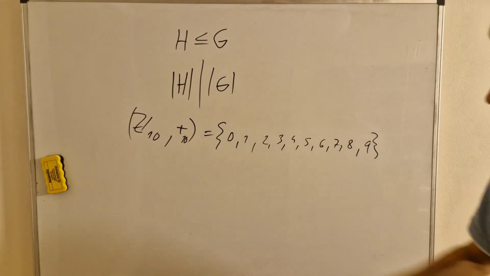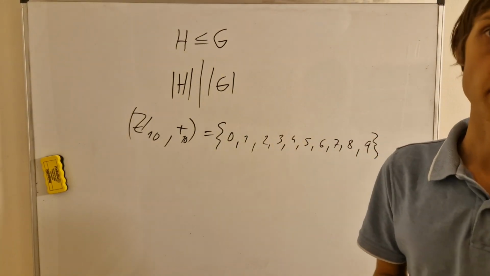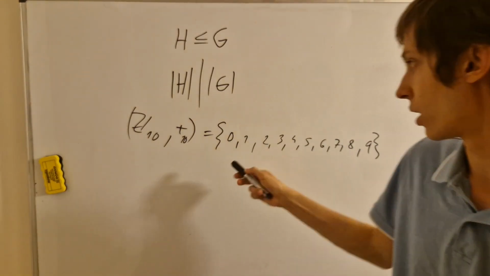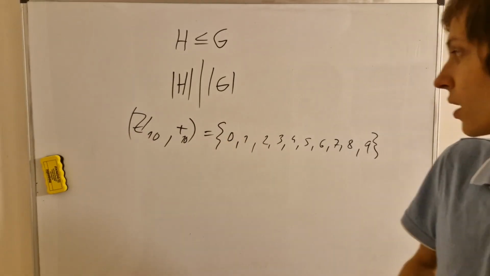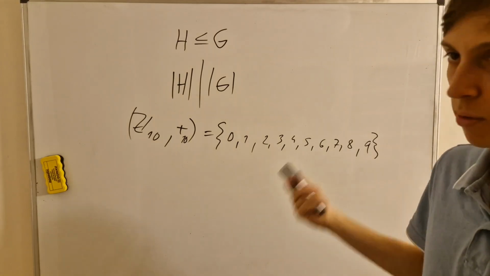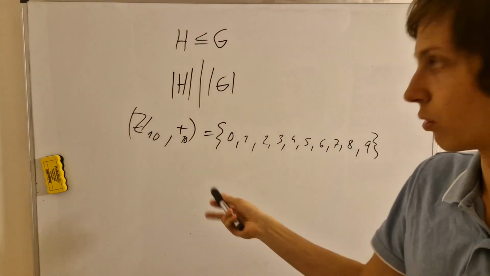For example, 5 plus 5 results in 10, and I divide by 10 and find the remainder, which is 0.